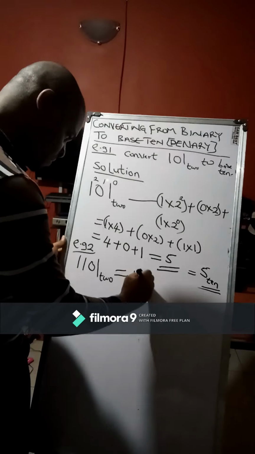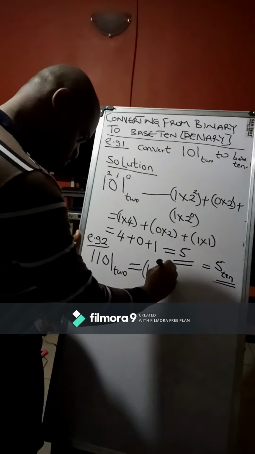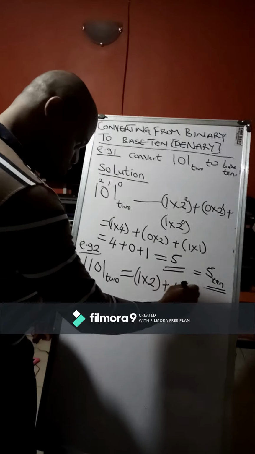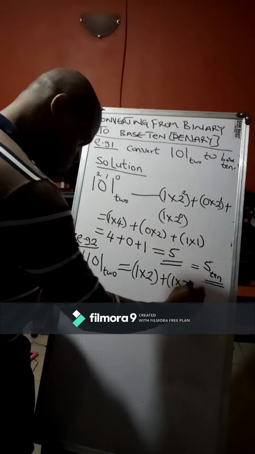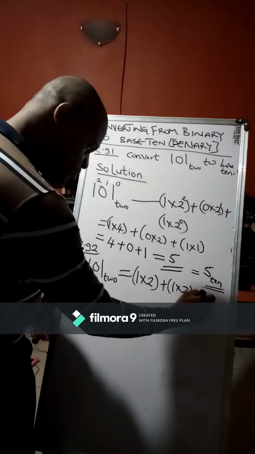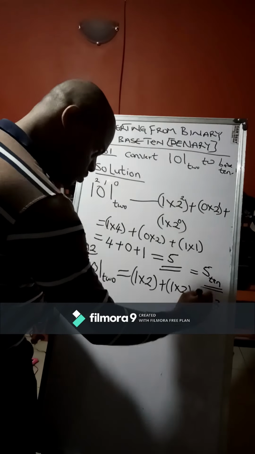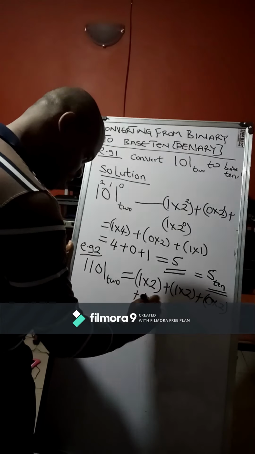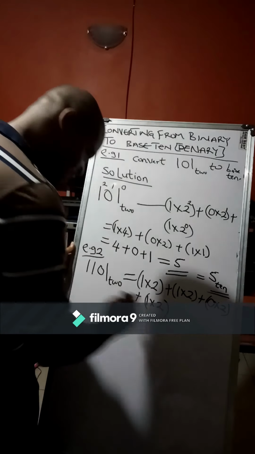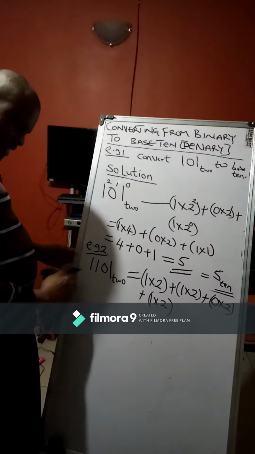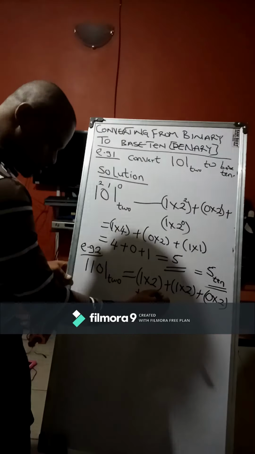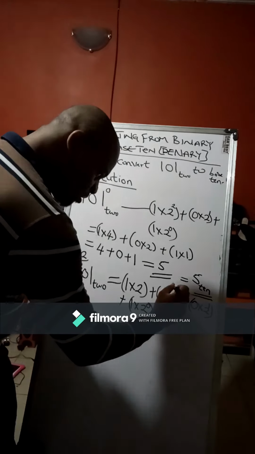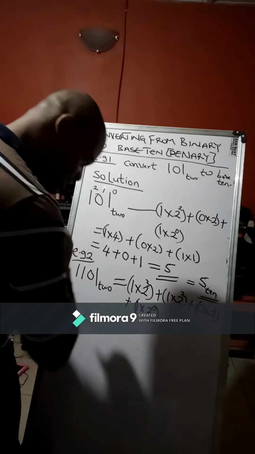I'll be having 1 times 2 plus 1 times 2 plus the next number is 0, 0 times 2 plus the next number is 1, 1 times 2. And we said introduce your powers from behind. So this one will have power 0, power 1, power 2, and power 3.